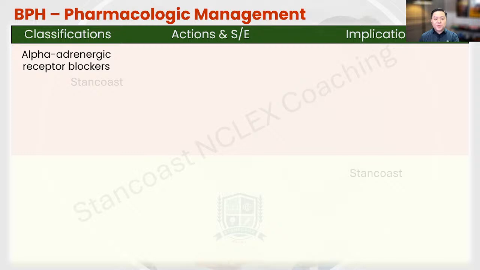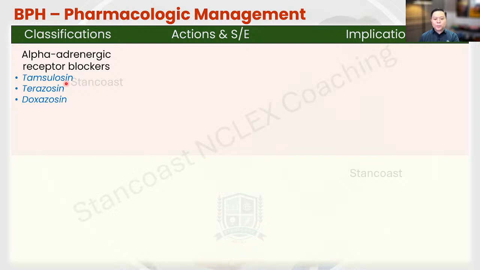And so you probably recognize these drugs, but these are specific medications to treat the BPH. All right, so you'll see here tamsulosin, terazosin, and doxazosin. So look at the suffixes here: zosin, zosin, losin.